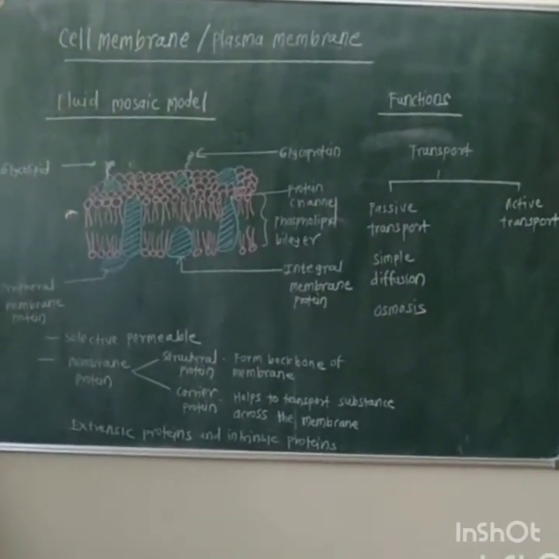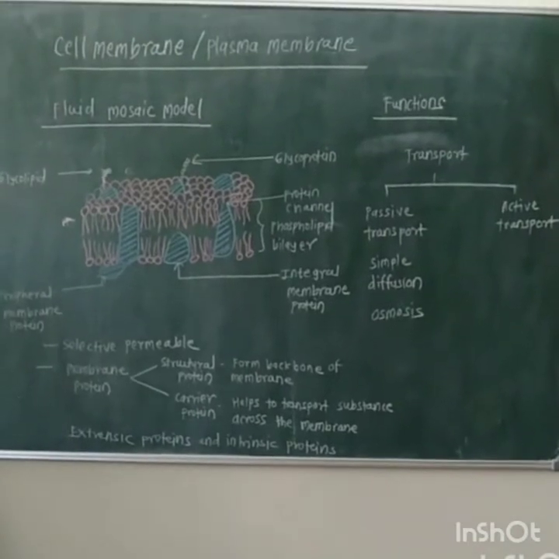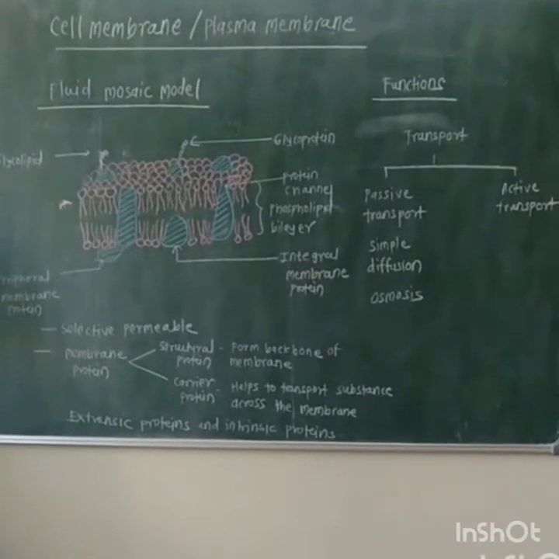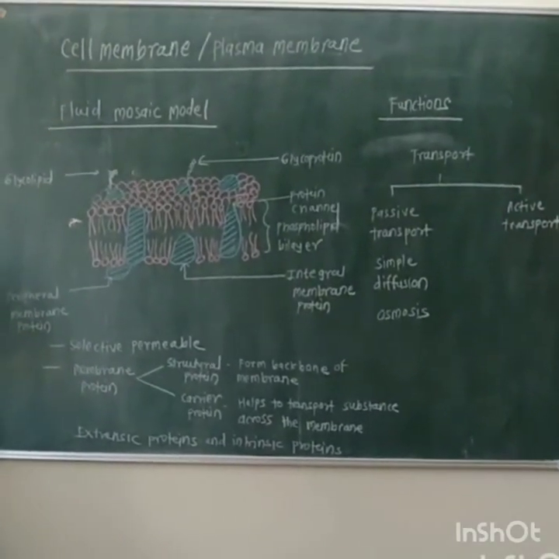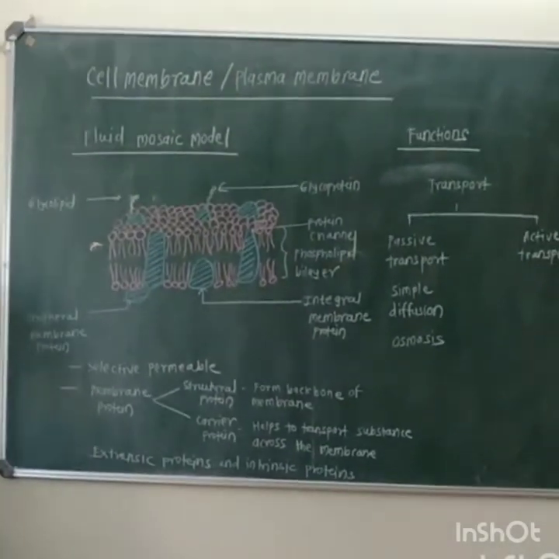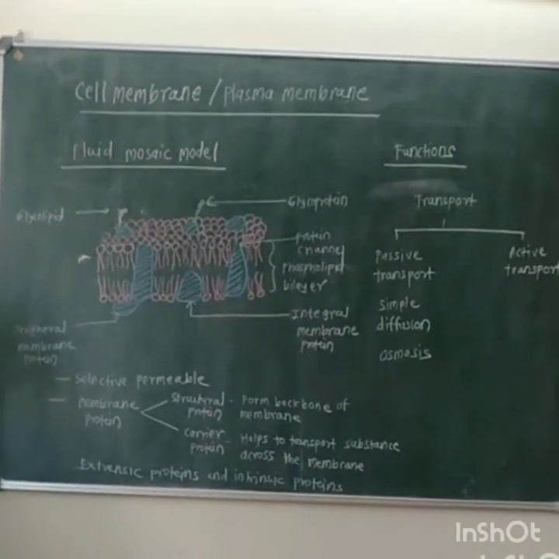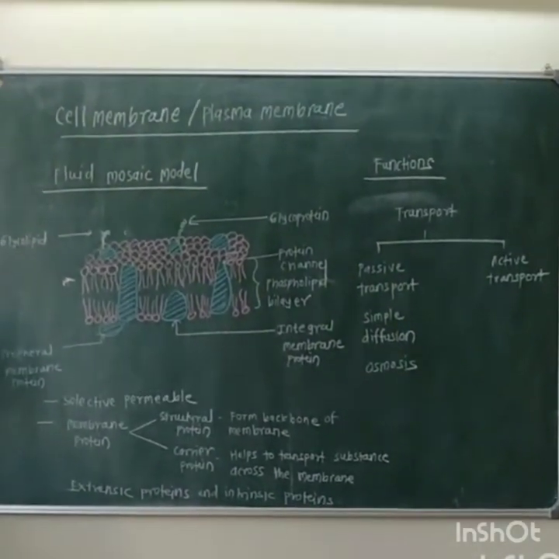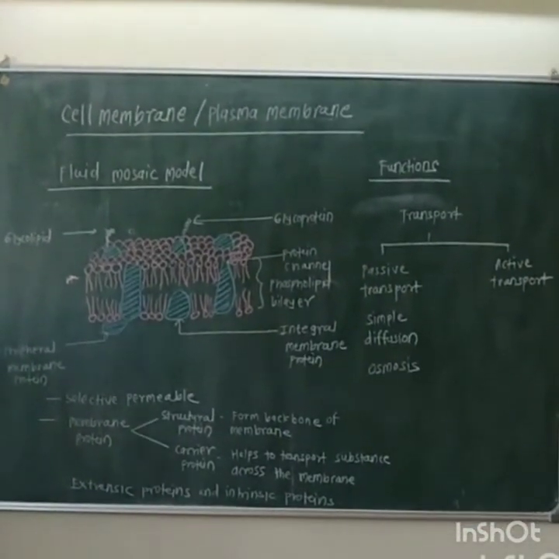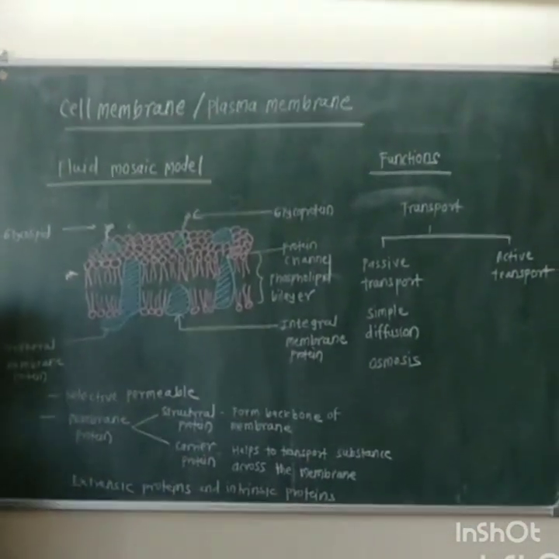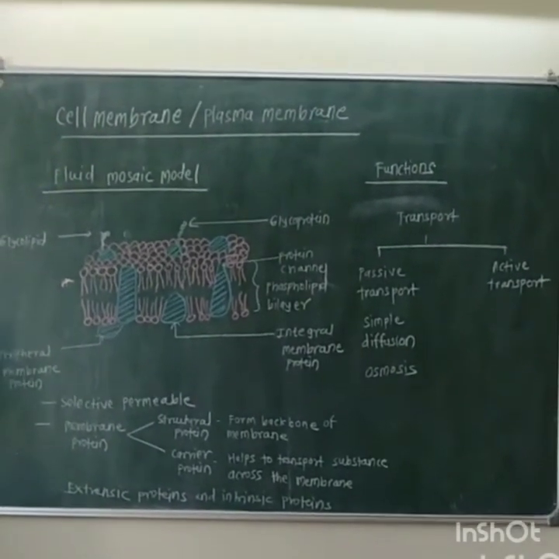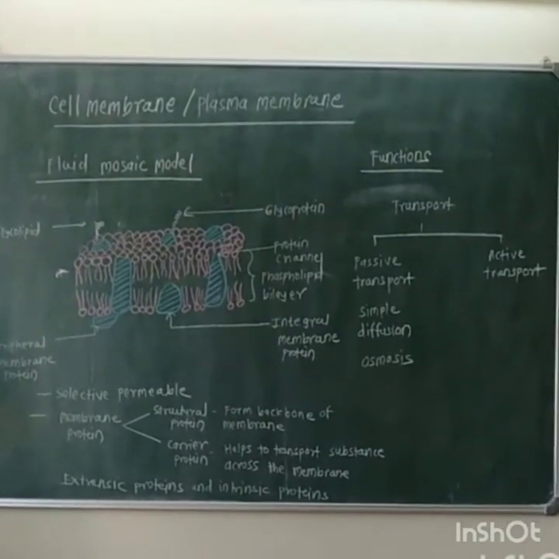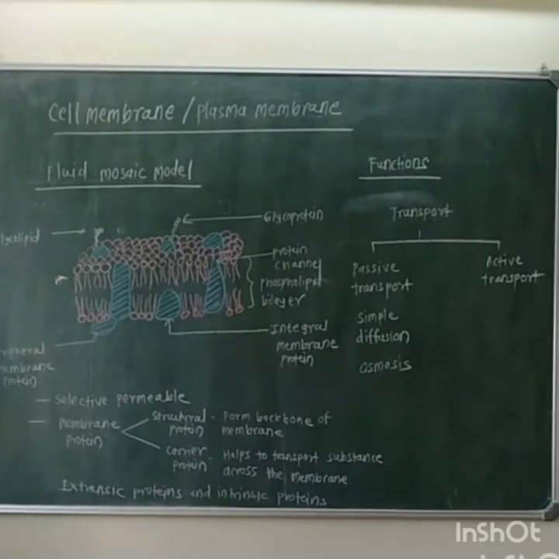Passive transport means it does not require any energy to pass through. Means the substances can pass through the cell membrane from high concentration to low concentration. So it does not require energy, so it is called passive transport. Passive transport by simple diffusion means along the concentration gradient. Simple diffusion means movement of substances from higher concentration towards lower concentration.